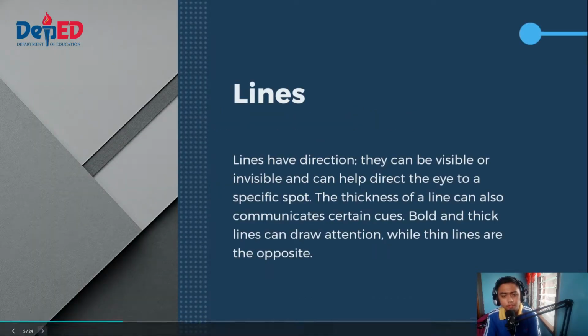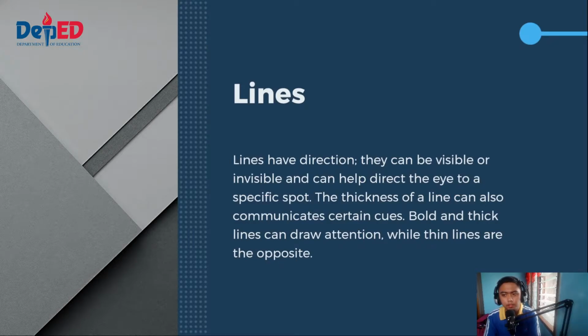So let's start with the first concept, which is lines. Remember, lines have direction, just like in geometry. They can be visible or invisible and can help direct the eyes to a specific spot, just like what we discussed last time in terms of perspective.